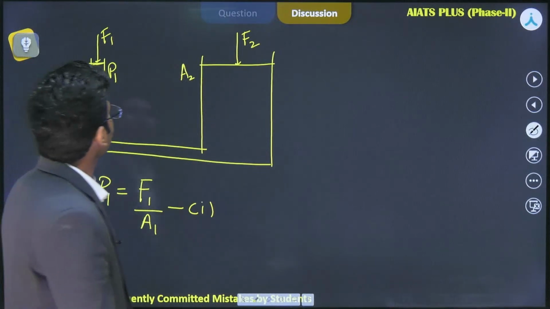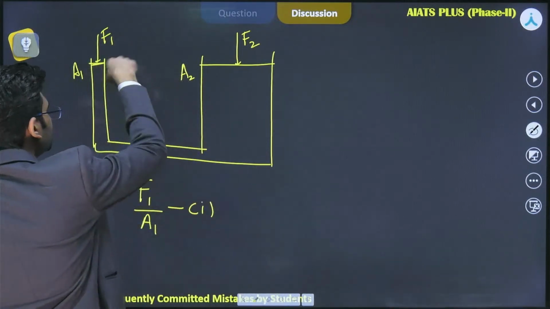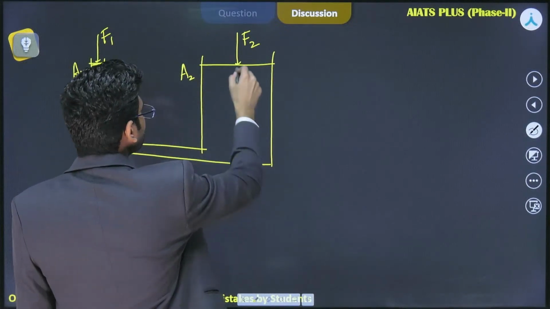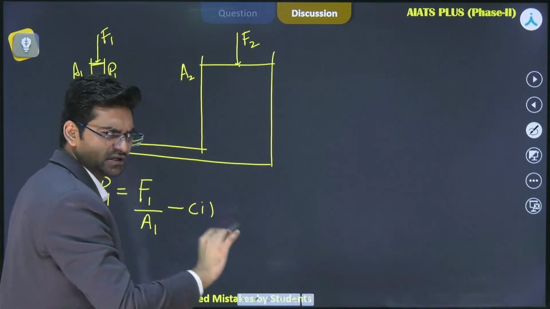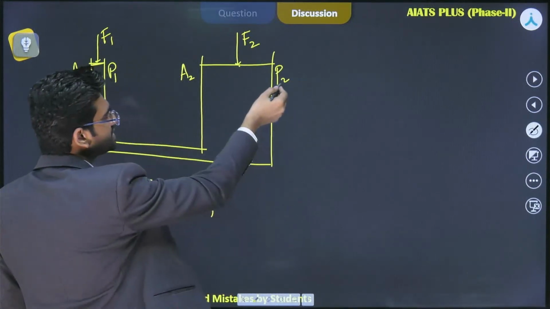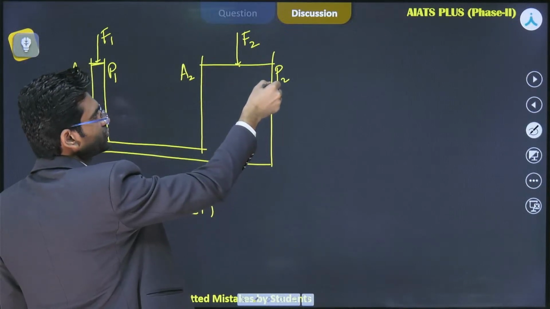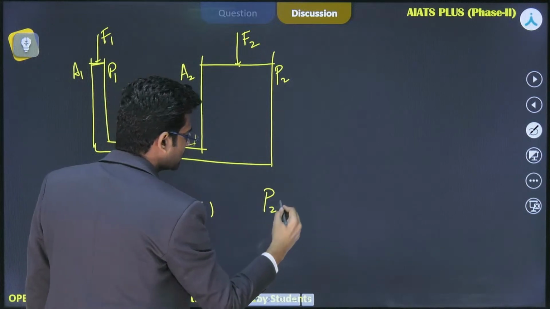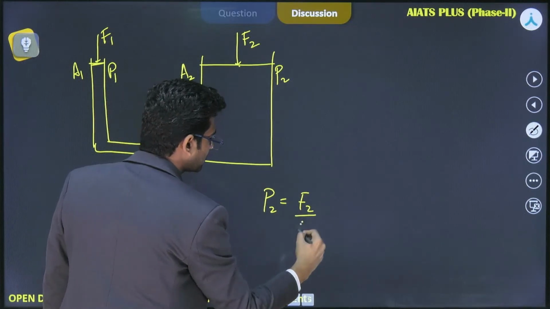Now, this is the increment in pressure at that point. The same increment in pressure will transmit to this point, so I write here P2. Now to balance that pressure P2, the force F2 is applied here. So P2 is equal to F2 by A2.